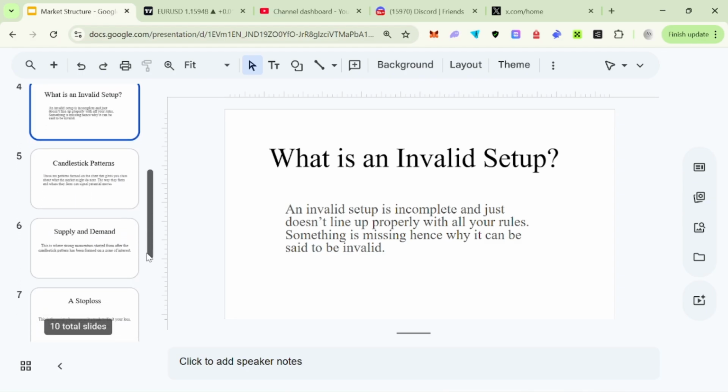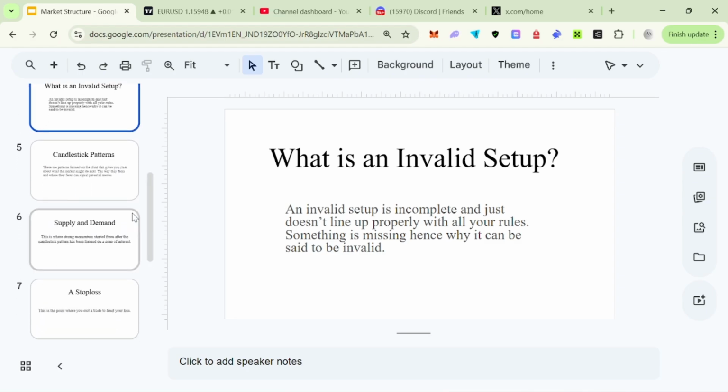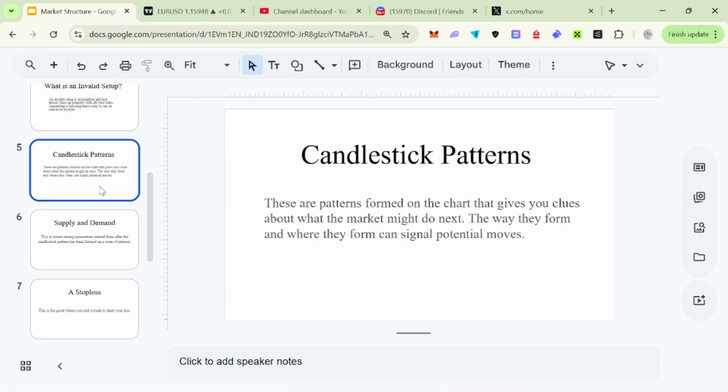And then we said, after we've identified a setup, knowing if it's valid or not, we get in using candlestick patterns, which are patterns that are formed on the chart that give you clues about what the market might do next. The way they form and where they form can signal potential moves. And we said, after candlestick patterns, you can also wait for further confirmation, which is very much optional.